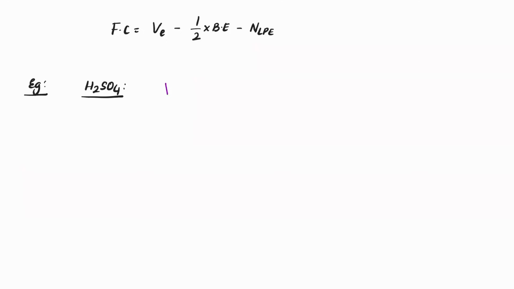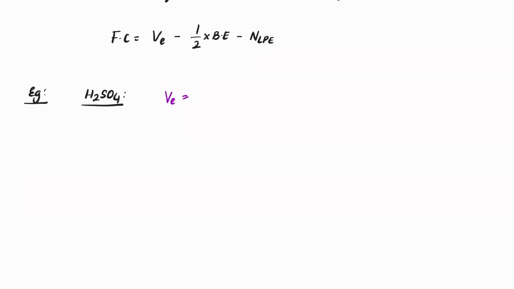First, let me write down all the valence electrons present in it. So you know that two hydrogens will have one valence electron each. Sulfur will have six, and 4 oxygens into 6, because oxygen will also have six valence electrons. So you can see this is a total of 30 plus 2, 32. So we have 32 valence electrons.